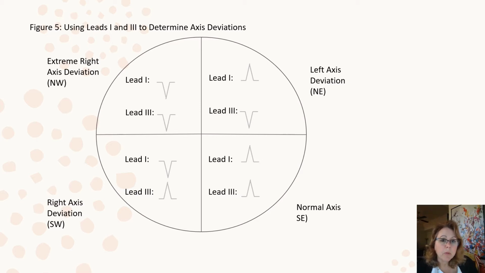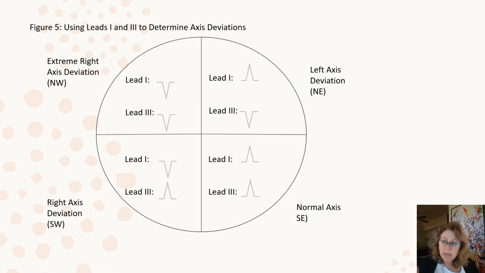Now, the final quadrant that we haven't talked about is that northwest quadrant, and that would be an extreme right axis deviation. What this would mean is that all of the energy has to be heading up towards the right shoulder, kind of like over your right shoulder. And is that even possible? I have never seen in person a live person with an extreme right axis deviation.